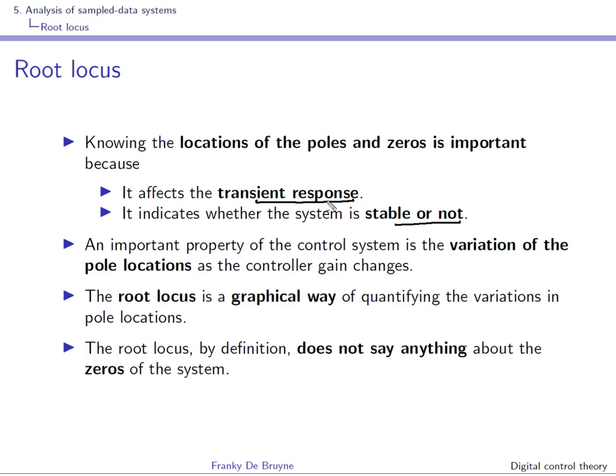An important property of the control system is the variations of the pole locations as the controller gain changes, and the root locus is a graphical way of quantifying these variations in the pole locations.